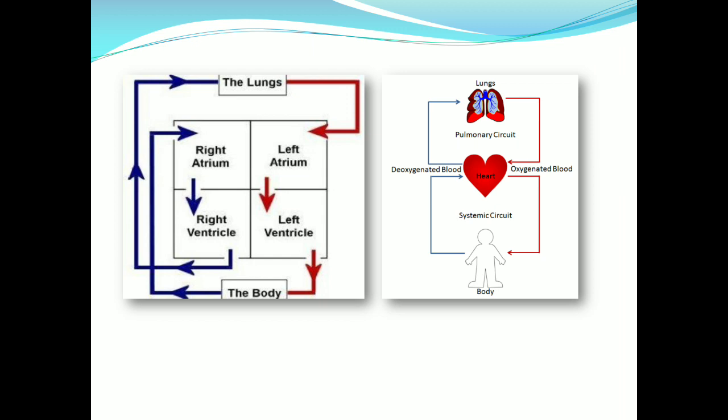This flow chart shows the path of blood circulation from lungs to left atrium, from left atrium to left ventricle, from left ventricle to body, from body to right atrium, from right atrium to right ventricle, and finally from right ventricle to lungs.